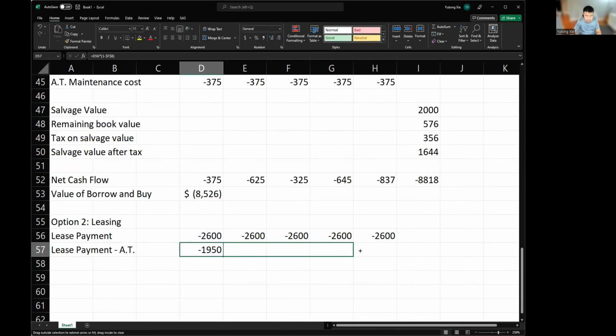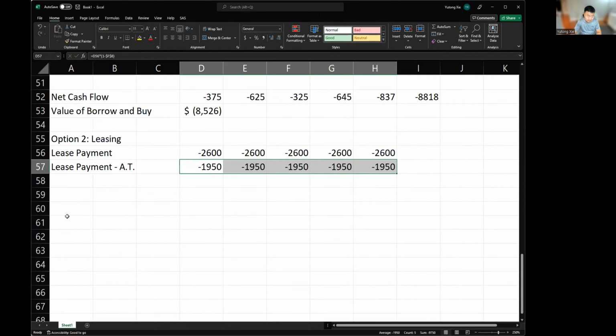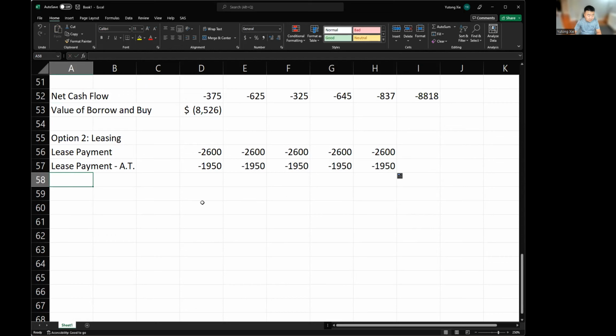And then I need to copy and paste. I got 1950. And that's it. So I need the value of leasing. It's the same thing because the first year shouldn't be discounted.